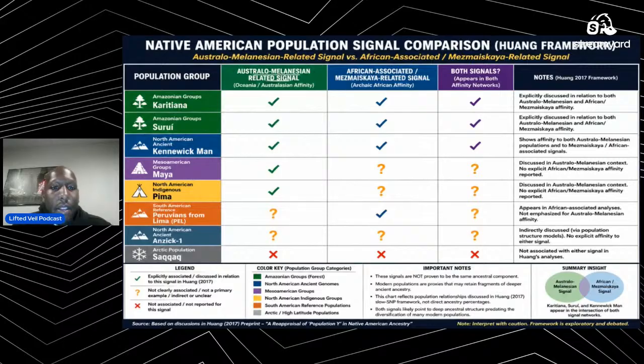All right, Mesoamerican groups shared more affinity with Australo-Melanesians. North American indigenous Pima, more affinity with Australo-Melanesians.